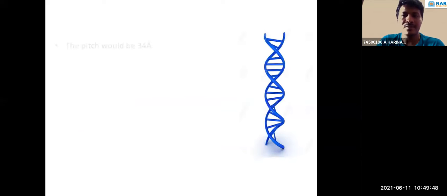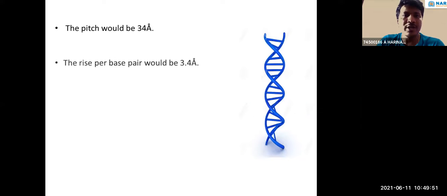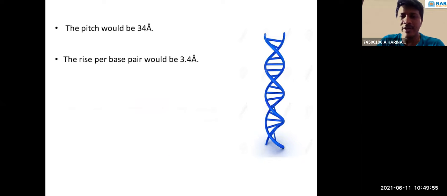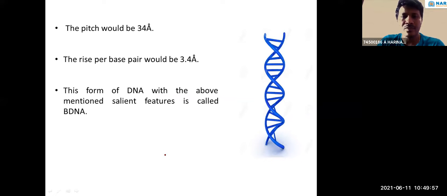So next, the pitch should be 34 angstroms. The DNA with the above-mentioned salient features is called B-DNA.